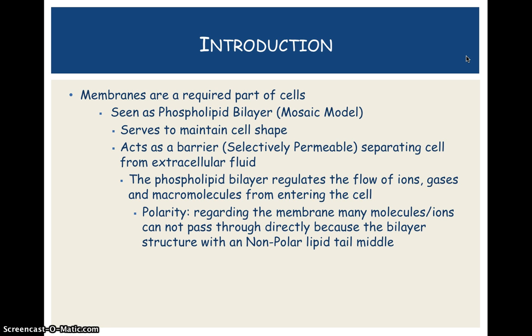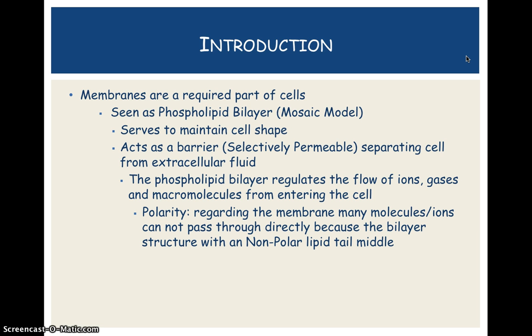The phospholipid bilayer separates the intracellular environment from the extracellular because they're not the same. The phospholipid bilayer regulates the flow of ions, gases, and macromolecules, which is basically controlling what goes in and out of the cell.